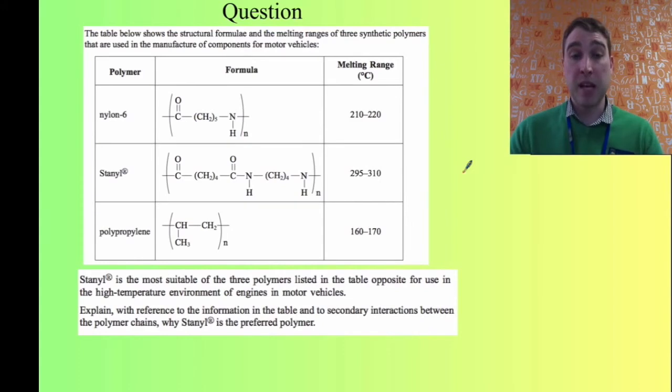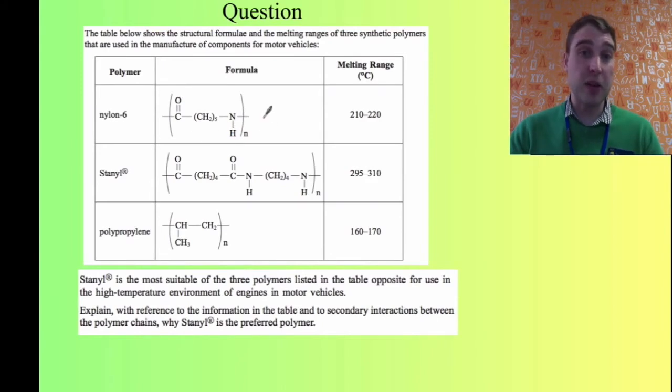Why? If we look at nylon 6, we can see that we have one polar group here, so we've got an NH, and we've also got another polar group over here, so a C double bond O. So when the polymer is produced, we can get hydrogen bonding occurring between those chains.